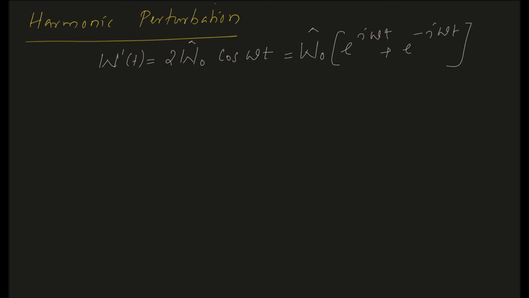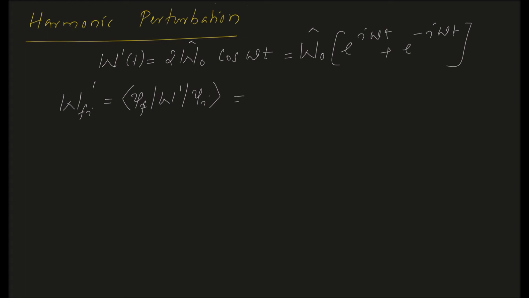So this is the form of the harmonic perturbation that we are going to consider. Then the matrix element W_fi' is given by ⟨ψ_f|W'|ψ_i⟩.